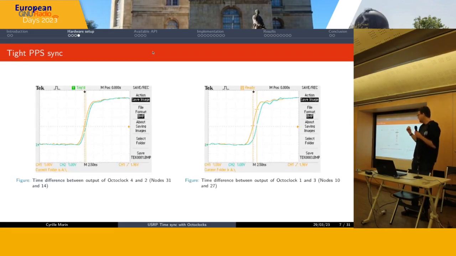And we did some measurements to compare the rising edge of this PPS across different Octoclocks, and we can see that these are the two extreme cases, especially the one on the right. But we are still around the nanosecond difference between the signal given by two Octoclocks. So it's fairly tight for the frequency and the sampling rates we are going to use. We are going to use up to 5 megasamples per second, so that would be a few hundred times more than what we need.